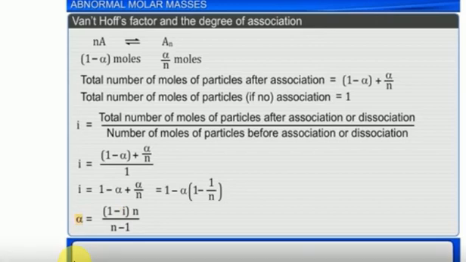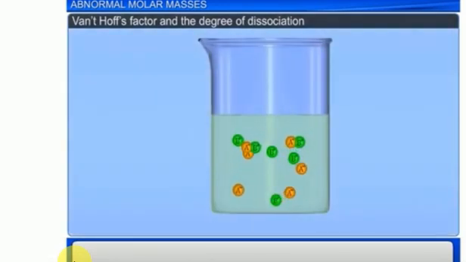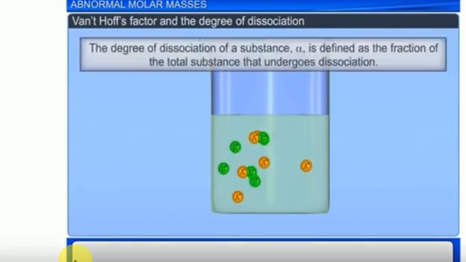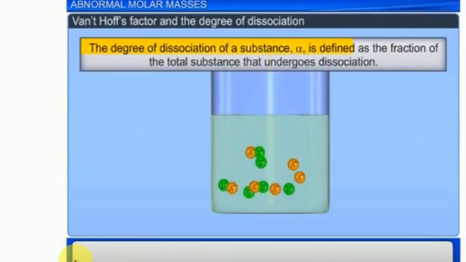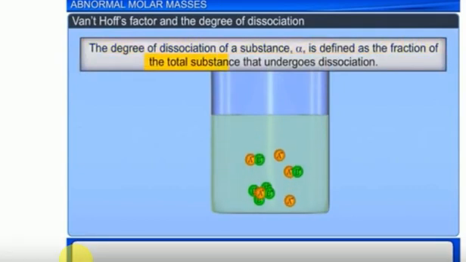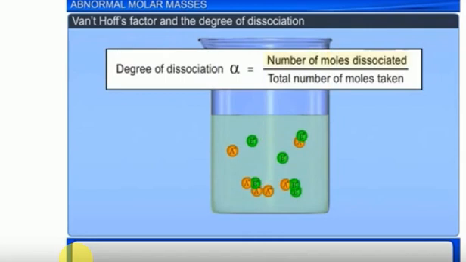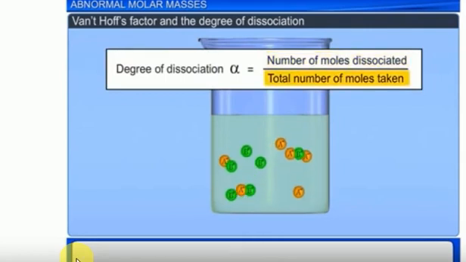On the same lines, let us now derive a relation between van't Hoff's factor i and degree of dissociation alpha. The degree of dissociation of a substance, alpha, is defined as the fraction of the total substance that undergoes dissociation. That is, alpha is equal to the number of moles dissociated divided by the total number of moles taken.